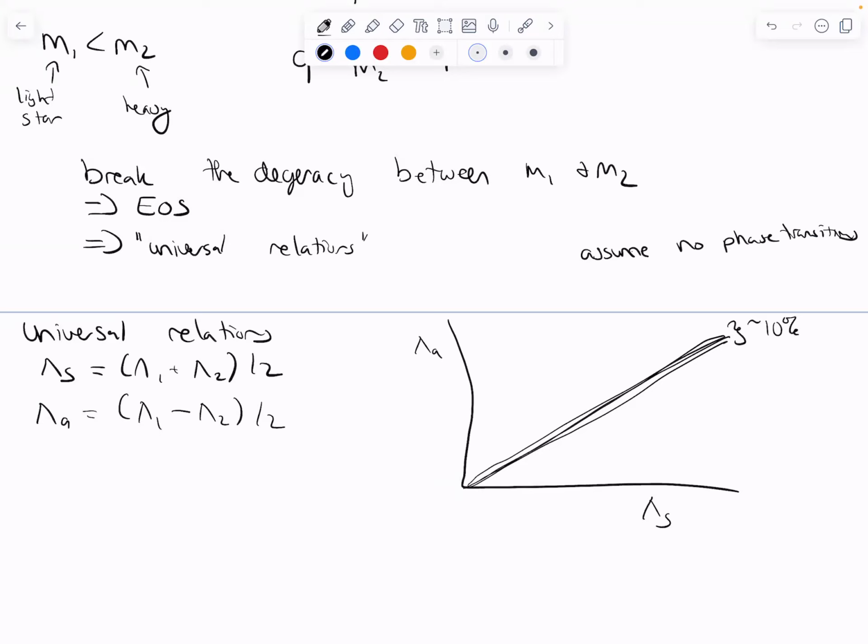So it's not 100% universal, but it's pretty close. And you can take that 10% error and then just expand this in order to break that degeneracy. So this is one way that they actually break the degeneracy between them, is to use this universal relationship.